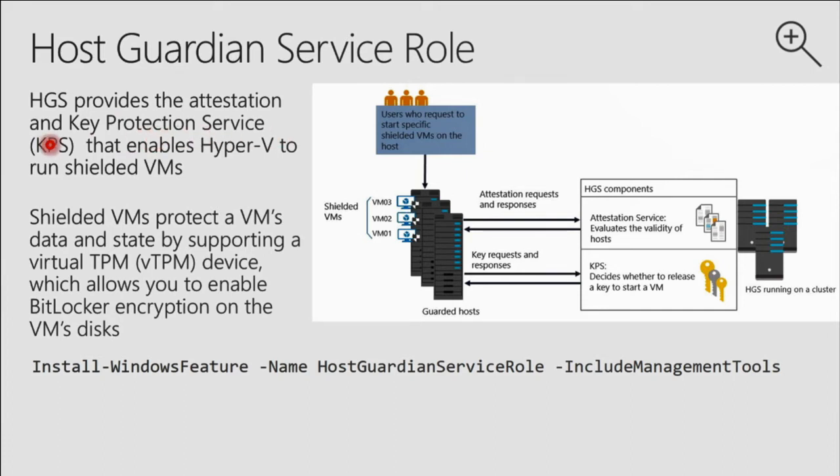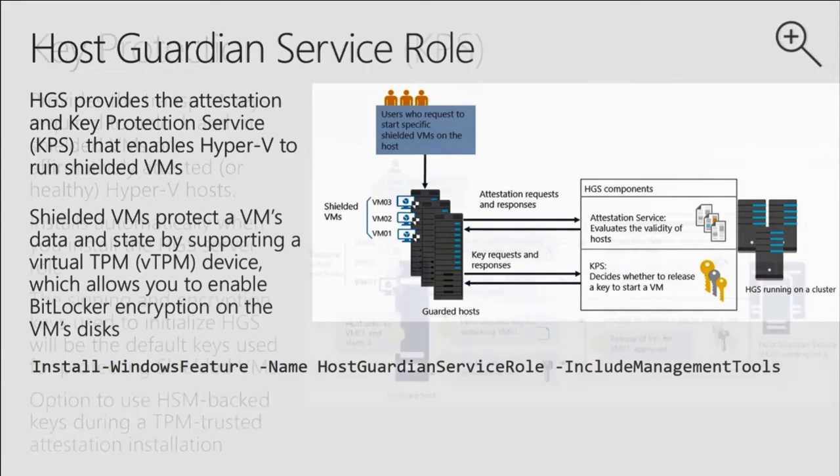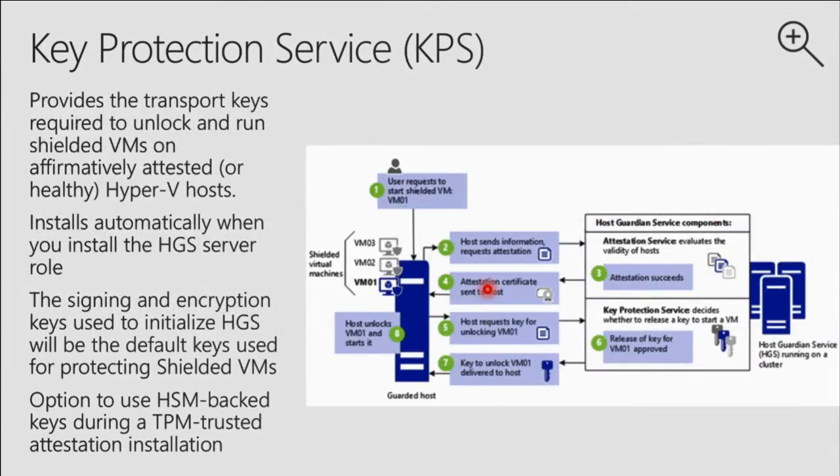Even if you are able to start that machine, you don't have access to the content of the machine in any way. This feature is provided by the key protection service, which enables Hyper-V to run a shielded machine or protected machine, because shielded is just an option here. Well, this is the idea of the key protection service.